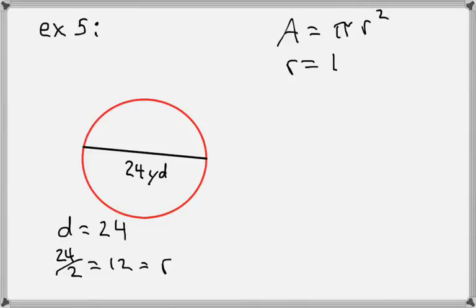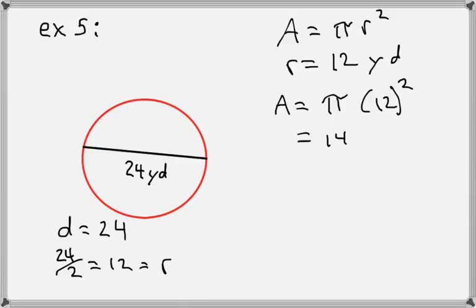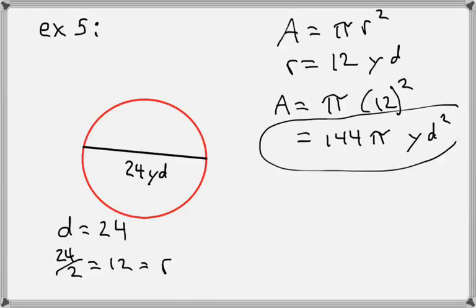So our radius is 12 yards. From there, we can now plug into the formula. So the area is equal to pi times the radius 12 squared. 12 squared is 144 pi, and our unit of measure was yards squared. So we can still find our area if we are given a diameter. We just have one more step over here that we would have to find the radius.